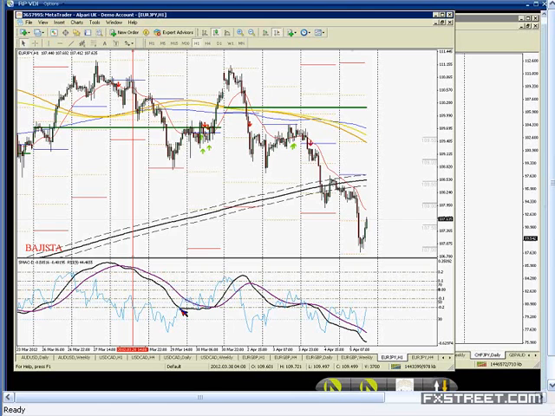So in my case, if we have a clear sideways situation in my indicator, which is providing trend direction, then I would go with caution.